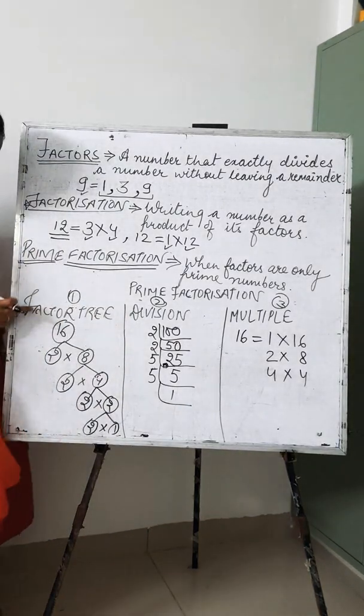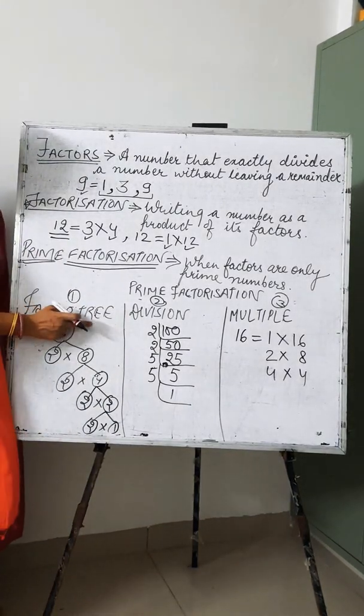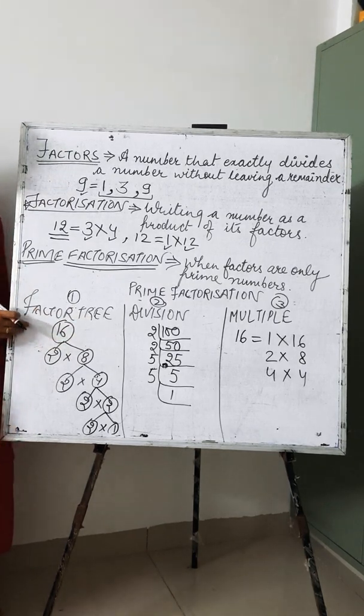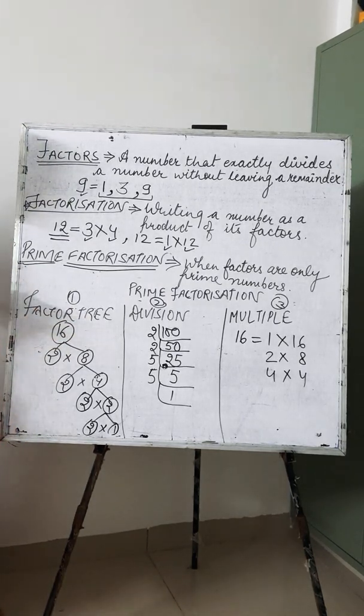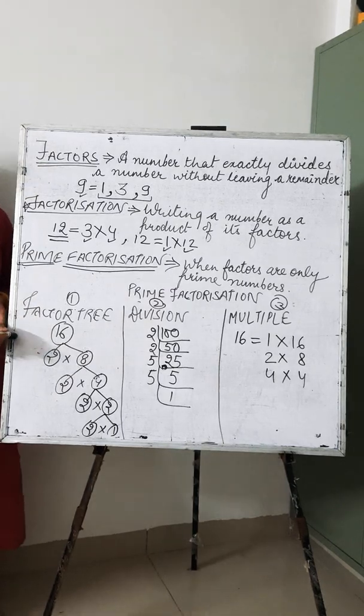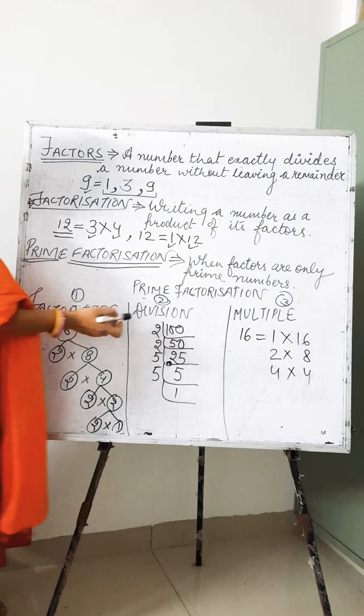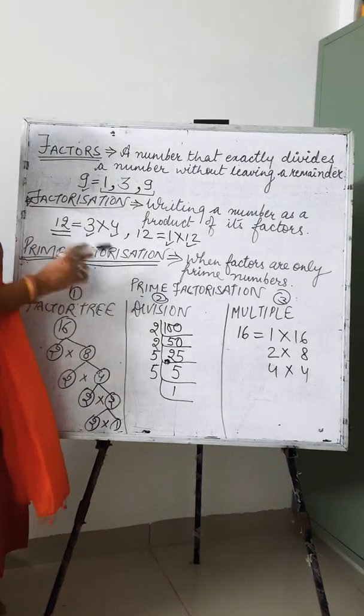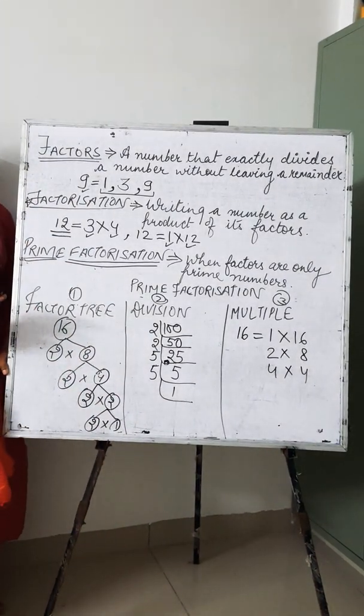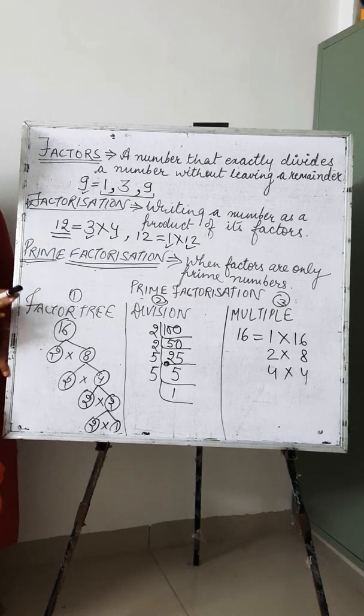The first method is factor tree. So many children are getting confused in finding out factors by factor tree and by division method. So today I will clear all these doubts.